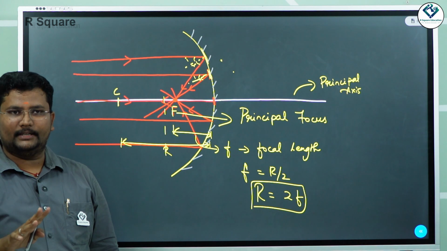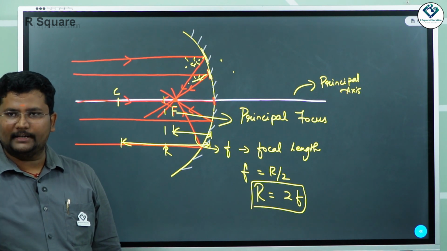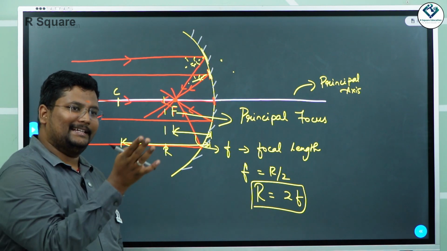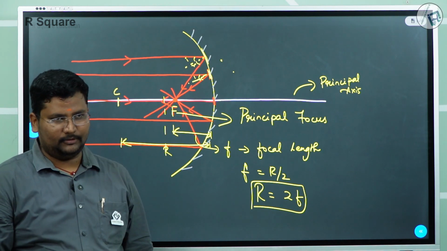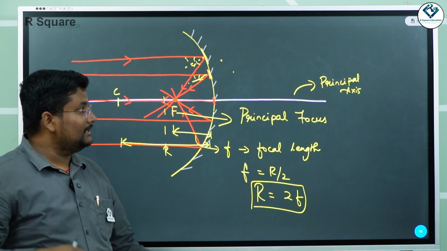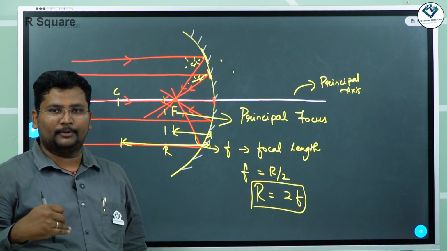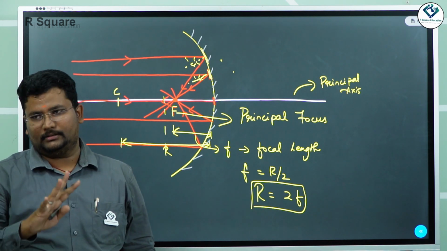But it is not necessary that the light after reflection should always meet at the principal focus. It depends on the source. Depending on where the light comes from, the focus will be. What I mean is, the focus of the mirror is only one, but where the image forms is not necessarily at the focus.